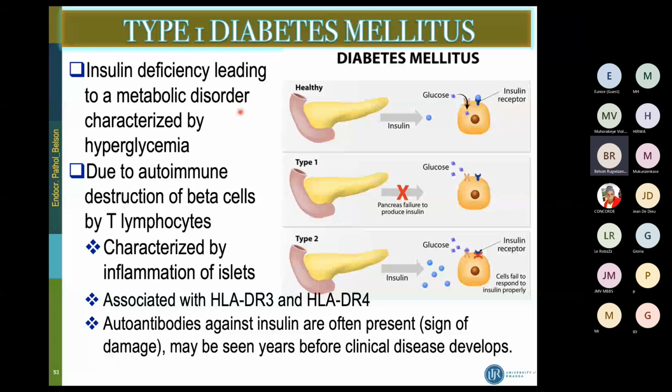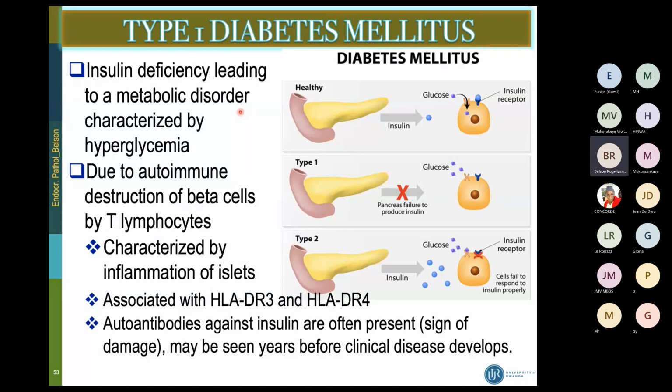Ikora cyane cyane glycogenolysis, ni ukuvuga gufata glycogen, isukari bikwa mu mubiri muri liver n'ahandi in the form of glycogen. So when glucose is needed, glucagon igomba kujya kuri bya bigega ari byo glycogen ikayihinduzamo glucose.